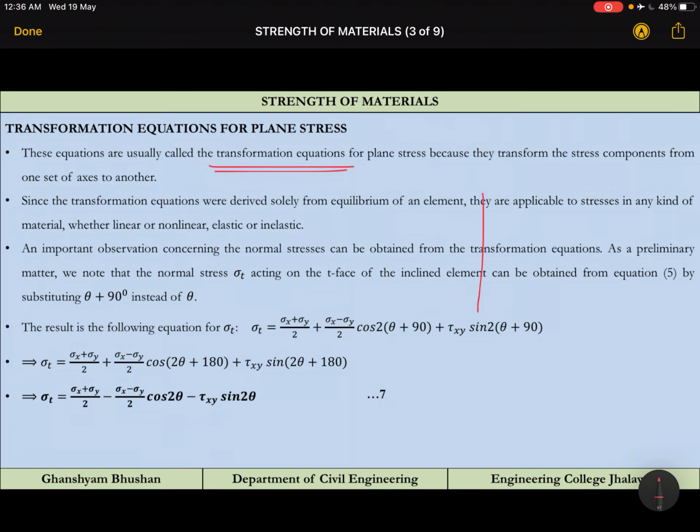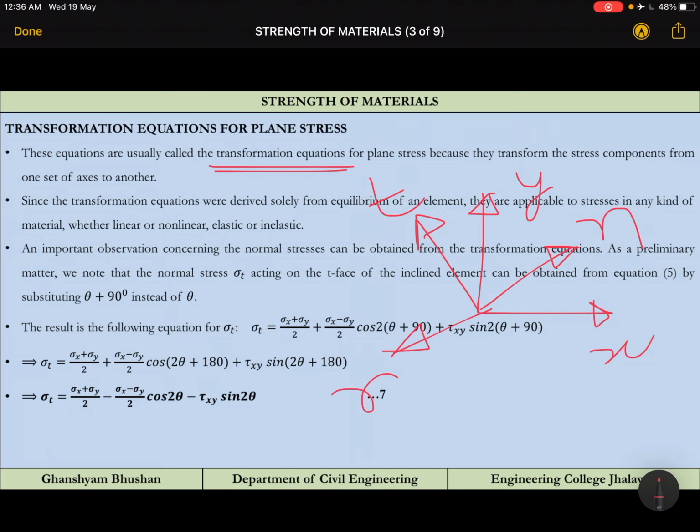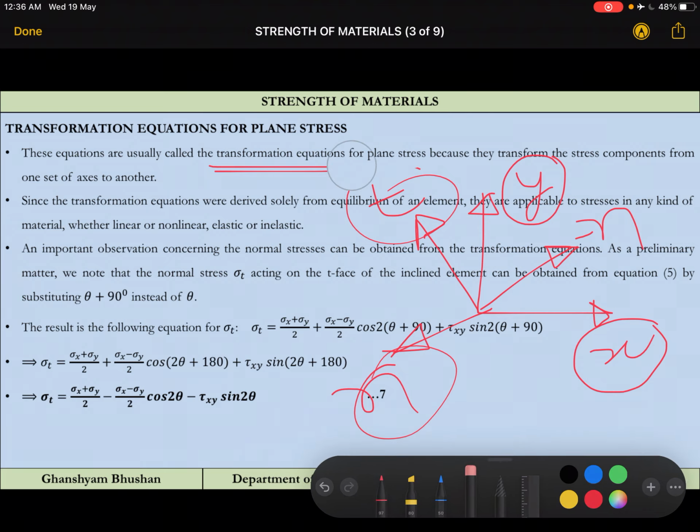Because we were transforming the stress element from coordinates x and y to a different set of axes, n and t. So n was something like this. Clear? We have taken the stress components of the x and y set to the n and t set of axes. That is why this process is termed stress transformation.